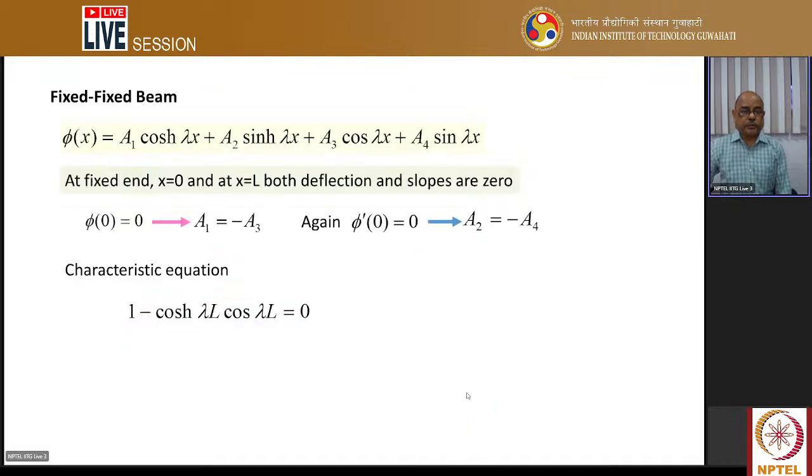If we consider the fixed beam, the same general solution is used, but the natural frequency has to be found from the solution of this characteristic equation.